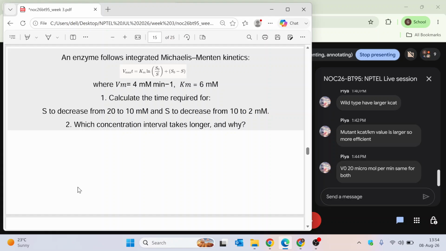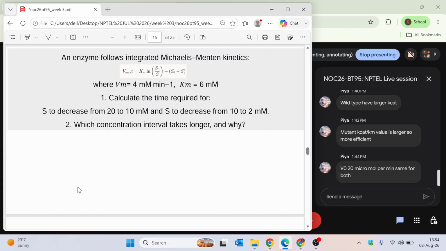Similar question, this is another case where the kinetics followed is based on Vmax t equal to Km ln S naught by S plus S naught minus S. The last question was about substrate inhibition, and in this question we have another type of inhibition.